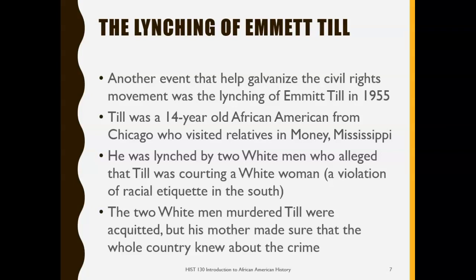Emmett Till was a teenager from Chicago, and he went down south to visit relatives in Money, Mississippi. But he was lynched by two white men who alleged that he was courting a white lady at the store. So that was a violation of racial etiquette, according to white Southerners.